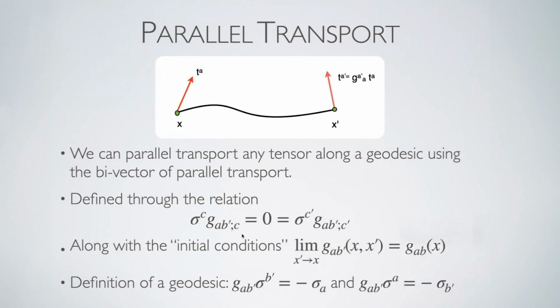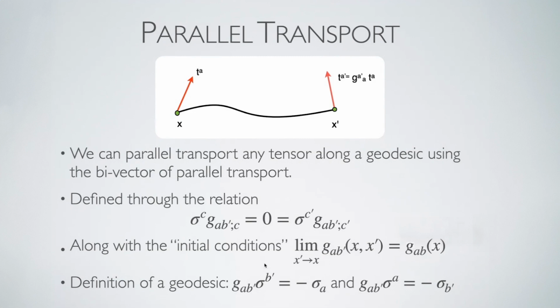This bivector of parallel transport is defined through a transport equation. Its covariant derivative, projected along the direction of the geodesic, is 0. In other words, it is parallel transported along the geodesic, along with the initial condition that when you bring the points together, this bivector of parallel transport is the metric.